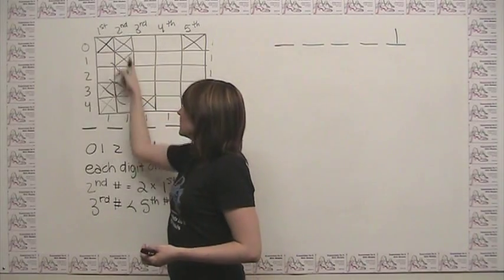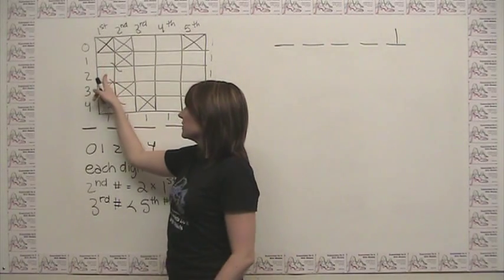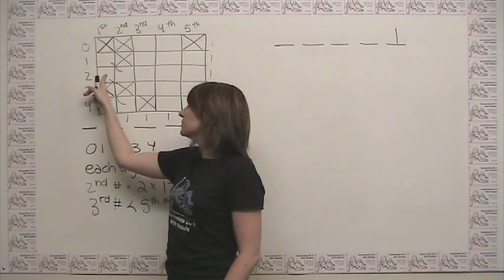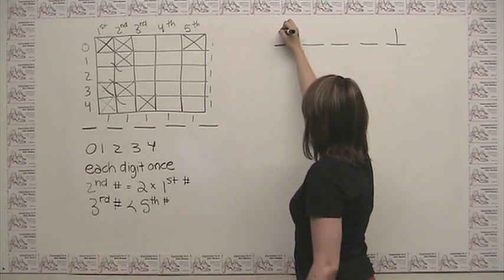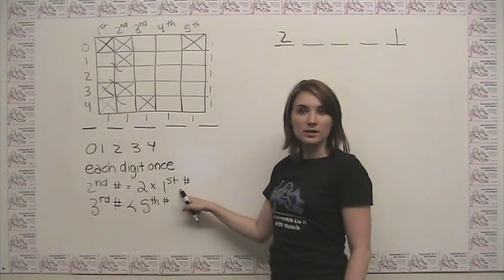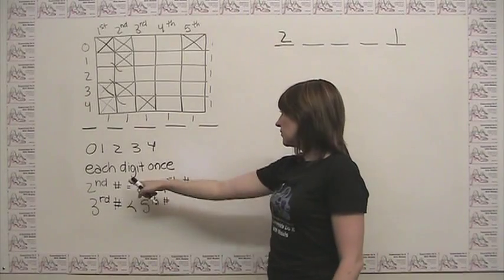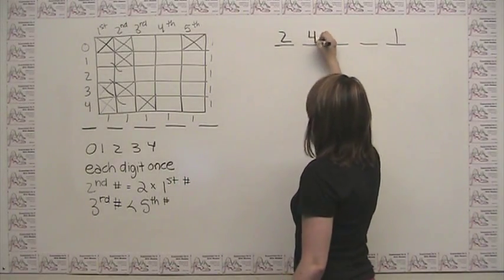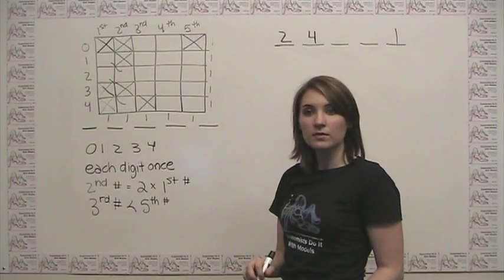And what you'll notice here is that if the 1 is taken, the 2 is the only option left for this first digit. So then we can say that the 2 has to go here. And then by virtue of this rule here, well, if the second digit has to be 2 times the first digit, then this has to be the 4.